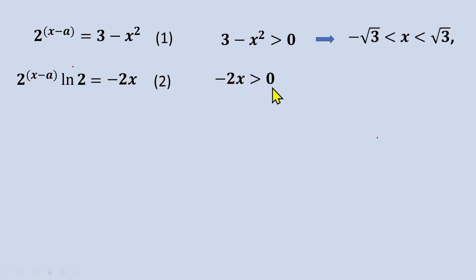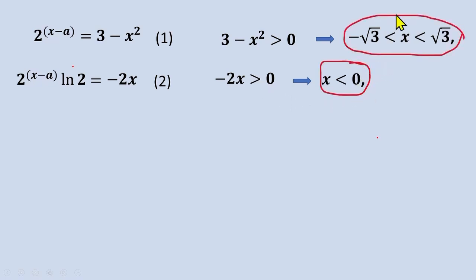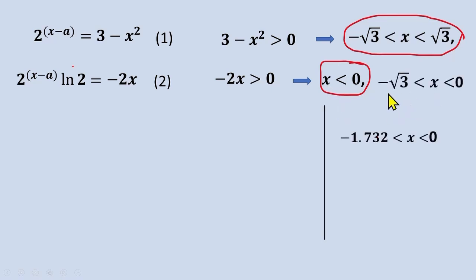From here, we can conclude that x should be negative. Considering these two inequalities, we conclude that possible values of x are restricted to this interval between minus square root of 3 and 0, or taking into account the value of the square root, x is between these two numbers.